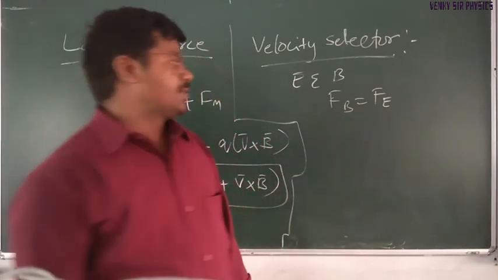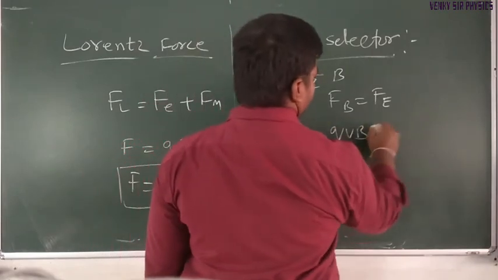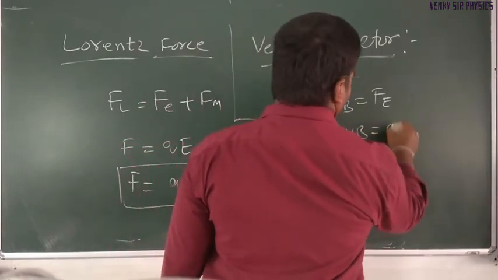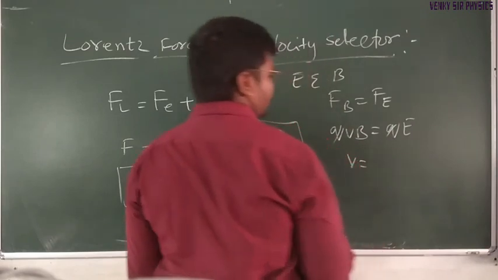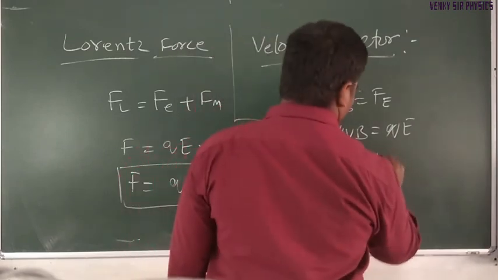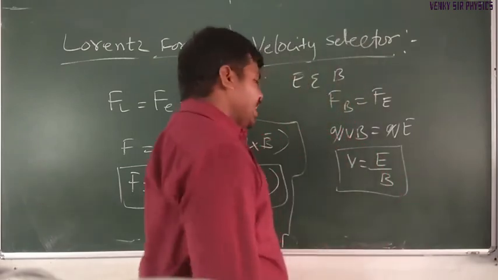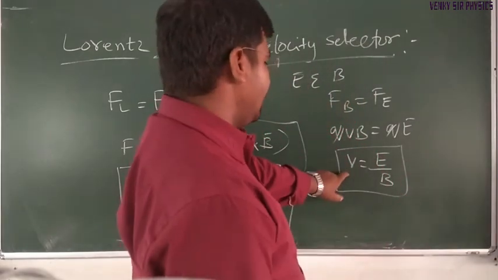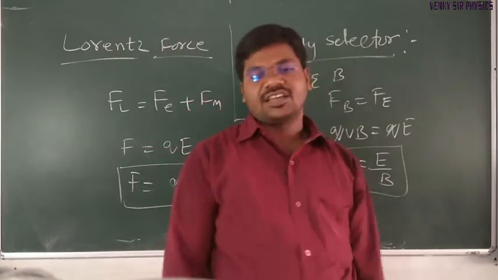So what happens? F B is qvB, F E is qE, q gets cancelled. vB is equal to E, so v is equal to E by B. This v equal to E by B is called the velocity selector.